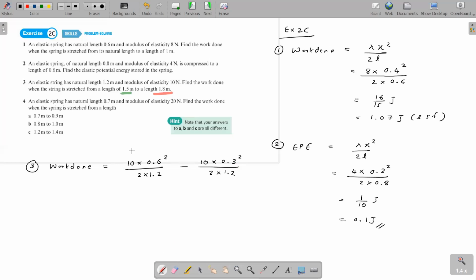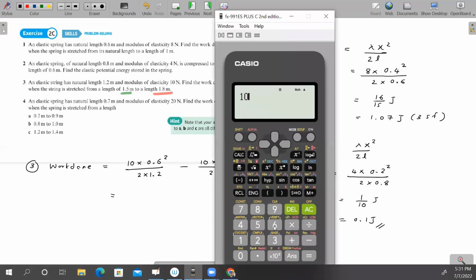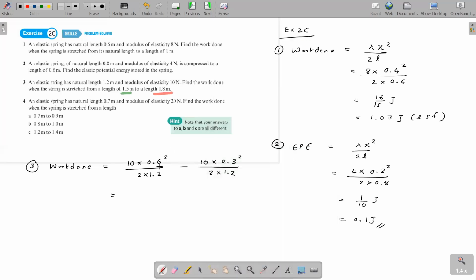Okay, how much is the answer? Get each part answer separated. How do we get here? 10 into 0.6 square over 2 into 1.2. That is 3 over 2. What about the other part? How much is the other part? 3 over 8.